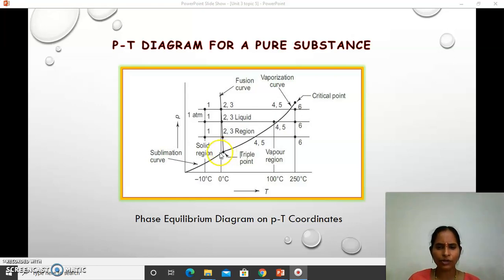If you know the values, 0.01 degree Celsius and 0.611 kilopascal, the triple point temperature and pressure will give you these three phases coexisting. This is the speciality of this PT diagram, which shows the triple point clearly.